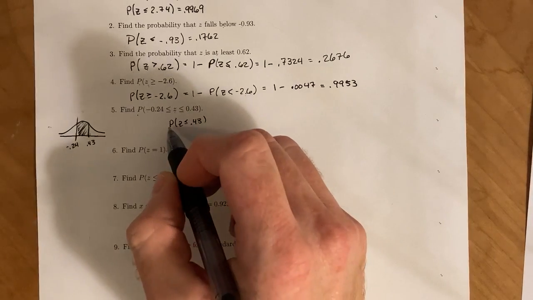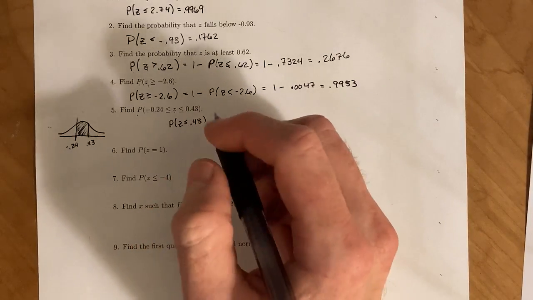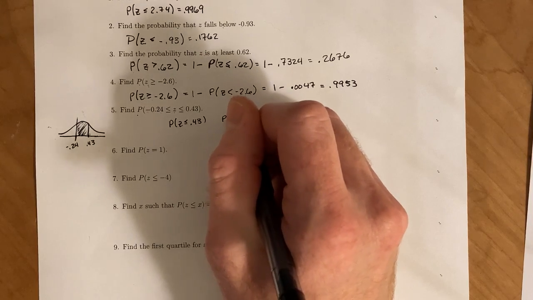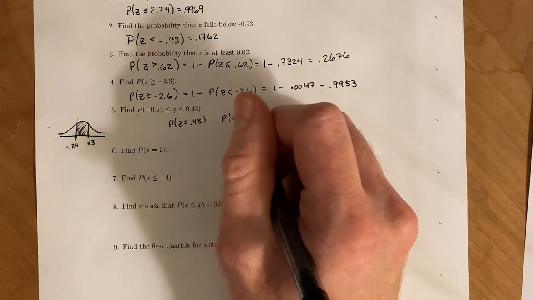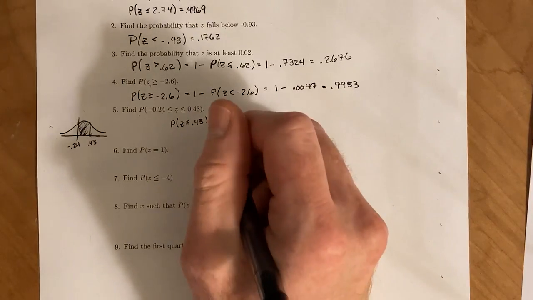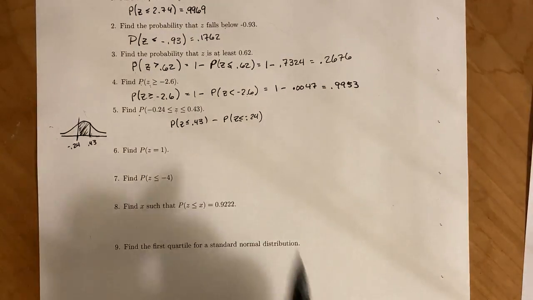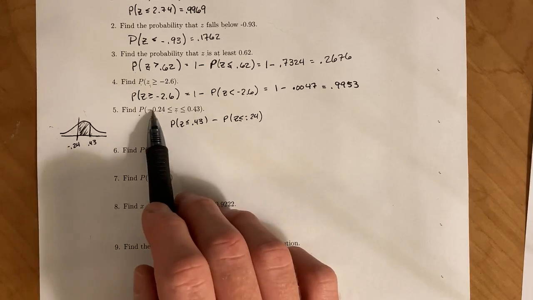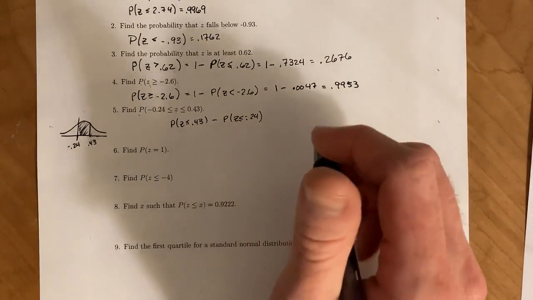All right, so we're going to find the area to the left of 0.43. We're going to find the area to the left of negative 0.24. Then we're going to take the difference of those two, right? Because the difference is going to be everything that's between 0.43 and negative 0.24.